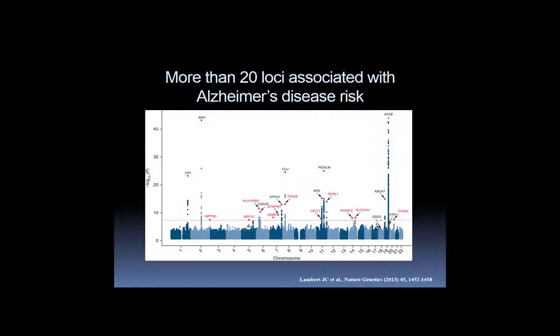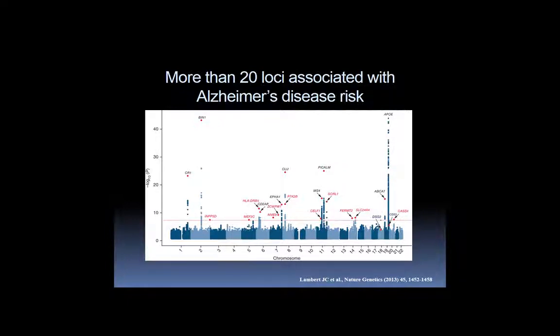So now, somebody asked me a question, I've forgotten what the question was. Oh, stratification, yes, right. So this was done with the whole data set. There was published, I think, last year, a GWAS that was done with the same data set, split into E4 positive and E4 negative individuals.